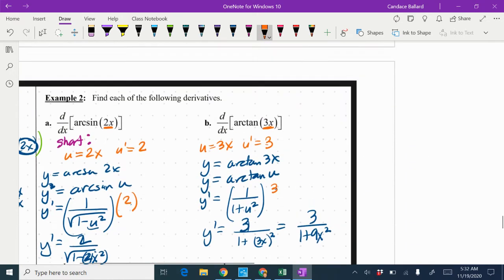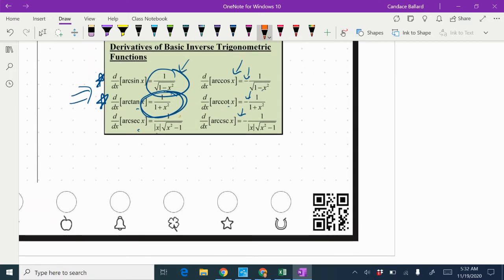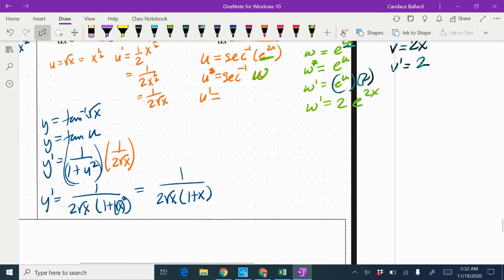So if I look at my formula for secant inverse, which we hadn't done yet, it's 1 over the absolute value of x, square root of x squared minus 1. So 1 over the absolute value of u, square root of u squared minus 1. And then we multiply that by the derivative of the inside, which was the 2e to the 2x.